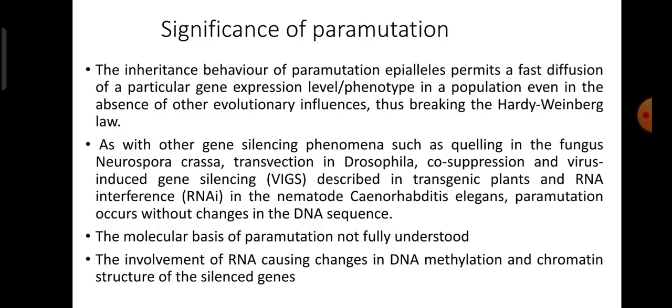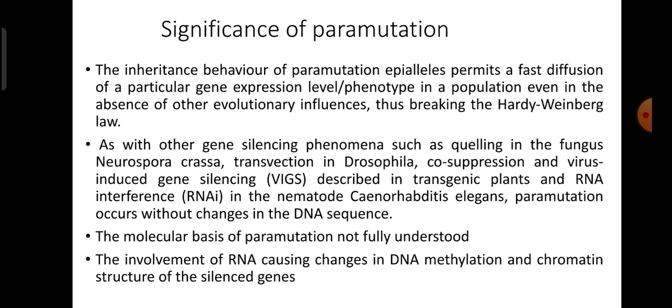So let's see the significance of paramutation. The inheritance behavior of paramutation alleles permits fast diffusion of a particular gene expression or phenotype in a population, even in the absence of other evolutionary influences, thus breaking the Hardy-Weinberg law. What does this Hardy-Weinberg law state?